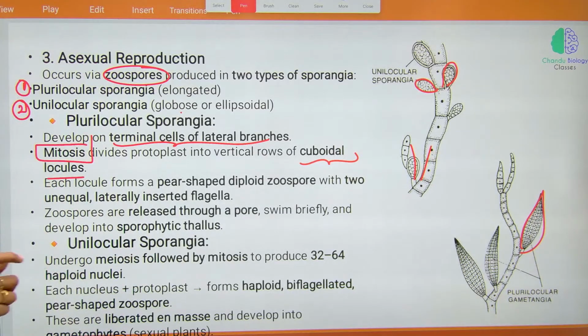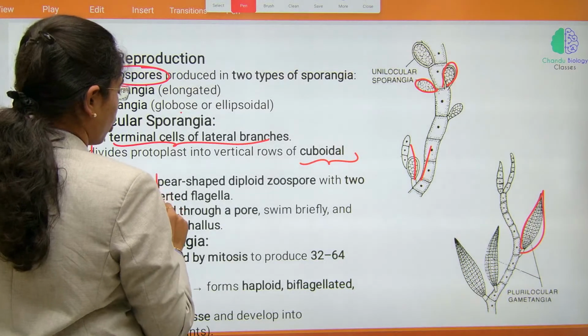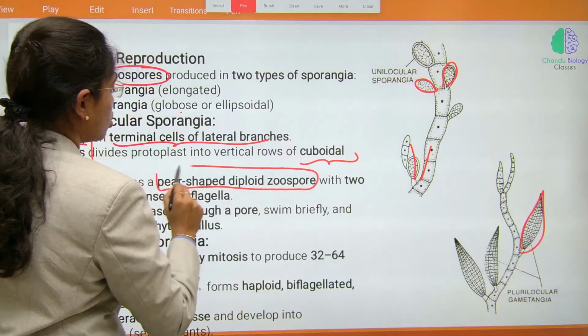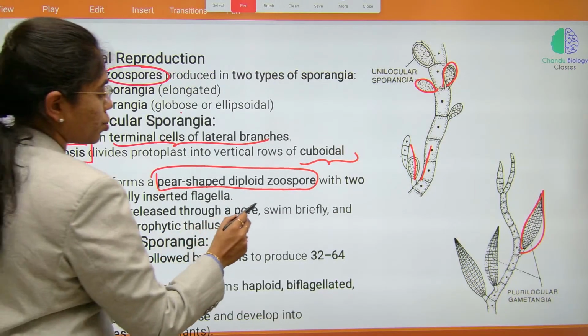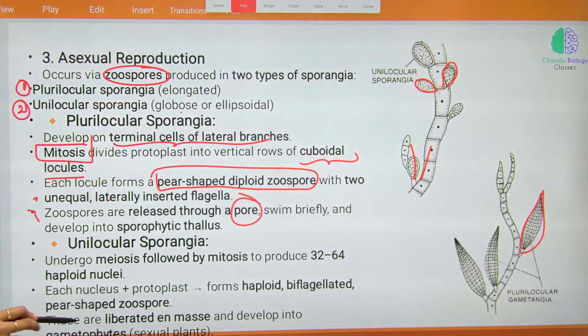Each locule forms a pear-shaped diploid zoospore with two unequal, laterally inserted flagella. Zoospores are then released through a pore. They swim briefly and develop into a sporophytic thallus.